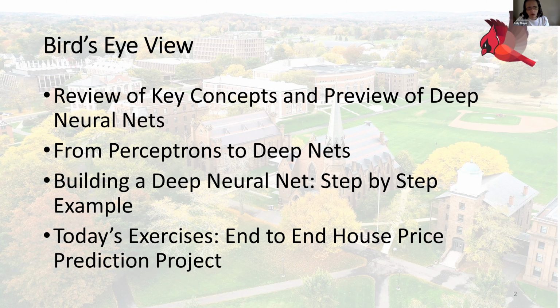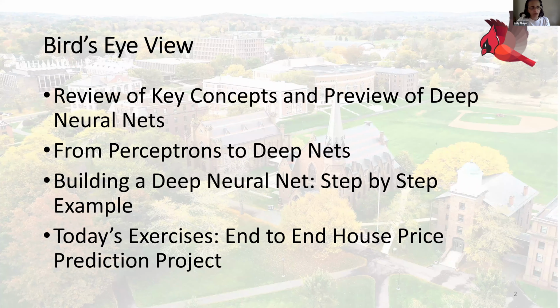We will then talk about the perceptron, which is the simplest unit of the deep neural nets. It is taken from neurons, and we will consider how we might take a single perceptron and then build multiple perceptrons into a network for more complex decision making.